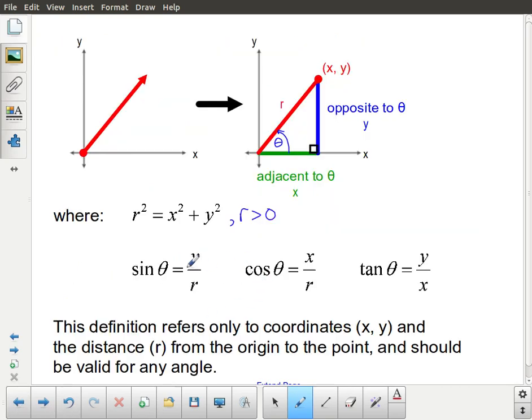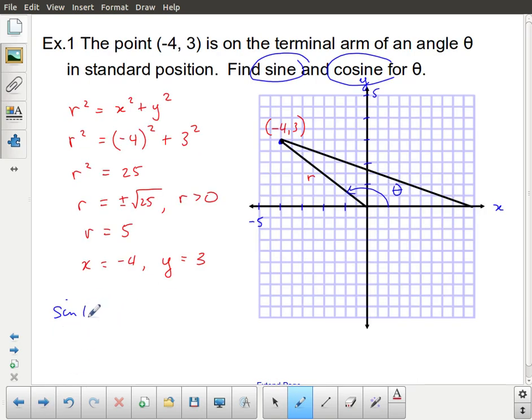The definition of sine is the y coordinate divided by the r value. So the sine of theta is going to be the y coordinate divided by the r value. The cosine of theta is going to be equal to the x value divided by the r value.